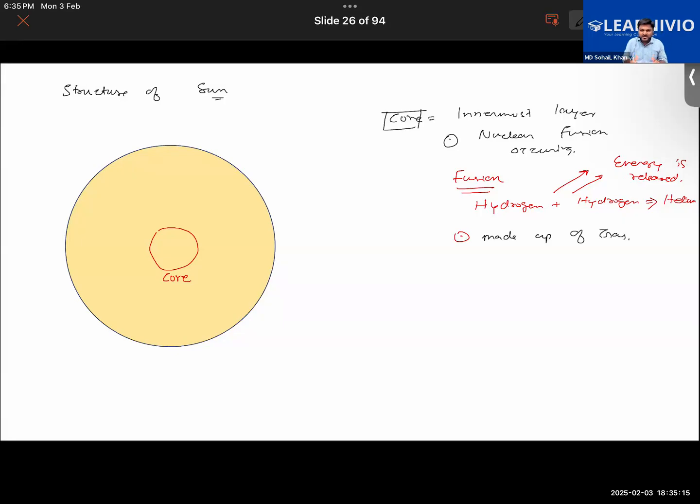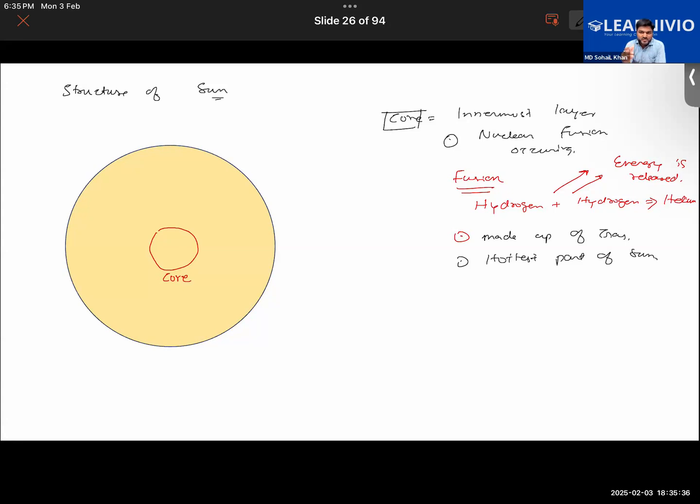Obviously, one more important thing, this is going to be the hottest part of the sun, isn't it? Hottest part of the sun. And I think the temperature here can reach somewhere between 14 to 15 million degrees Celsius.